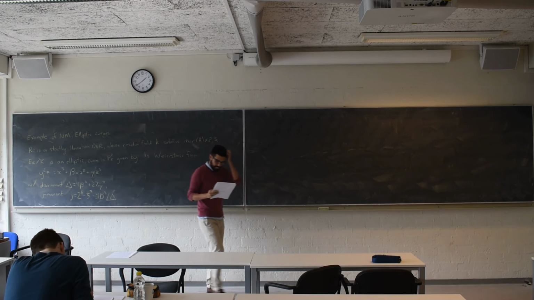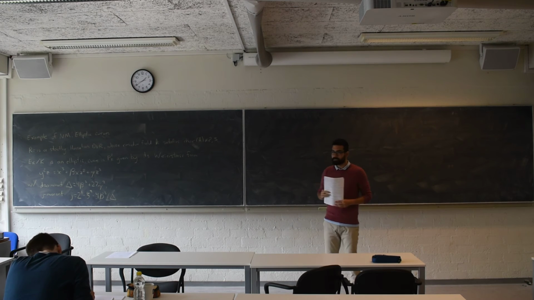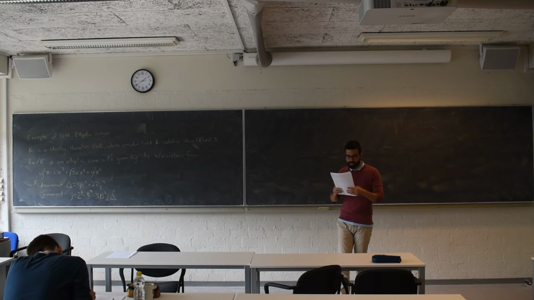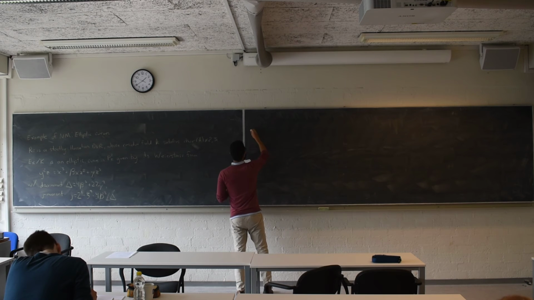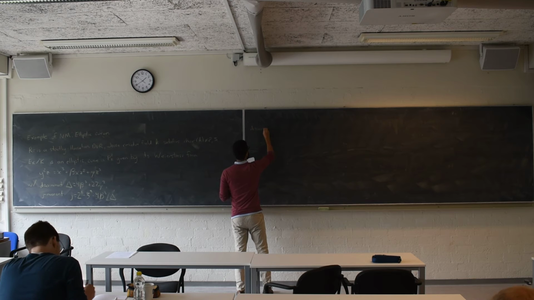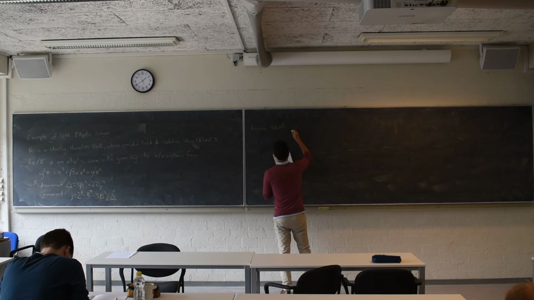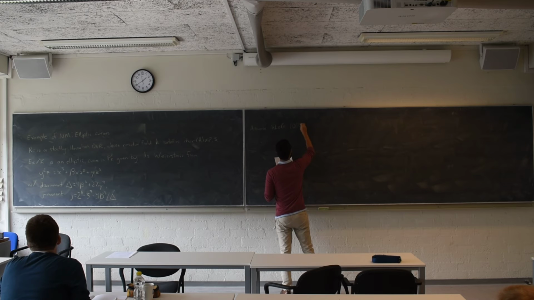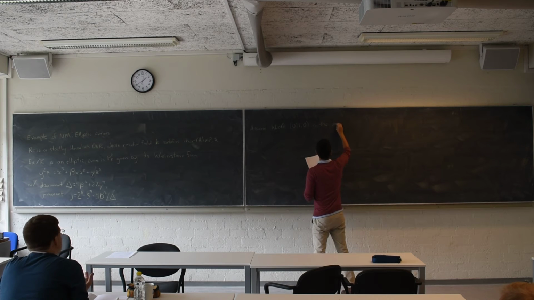Okay, so this is an abelian variety, and without loss of generality, after a change of coordinates, I'll assume that the unit section is given by the point (0, 1, 0).